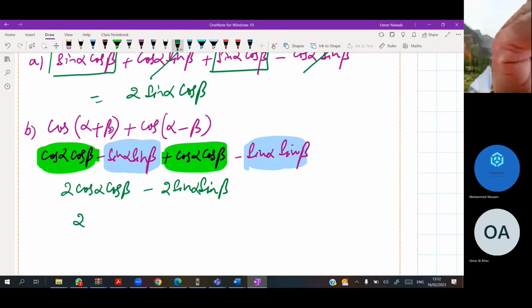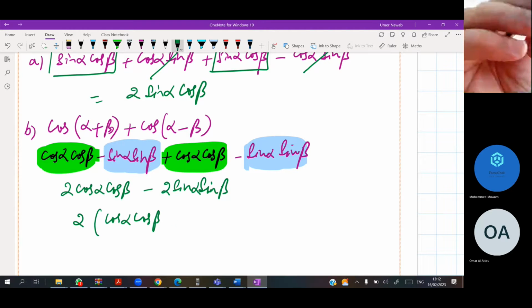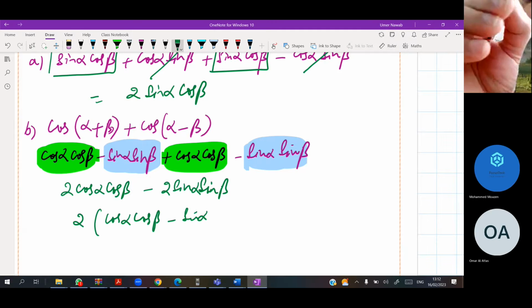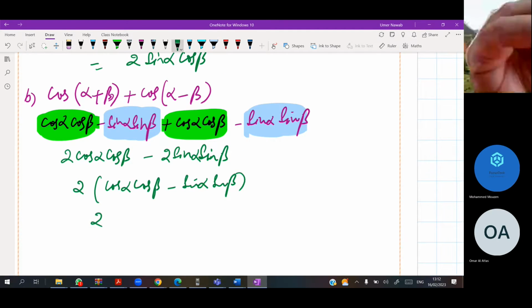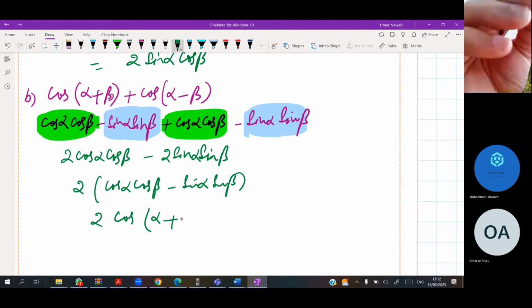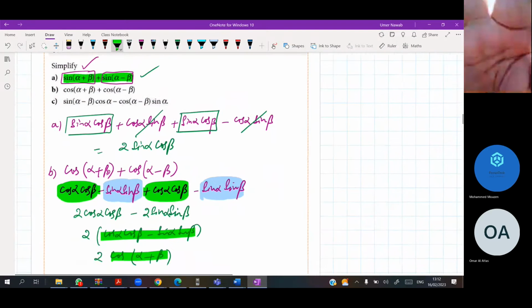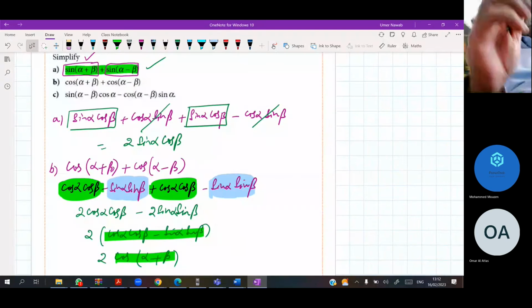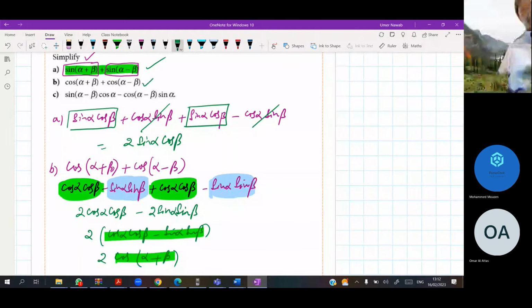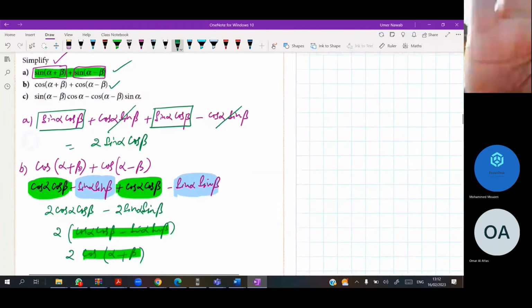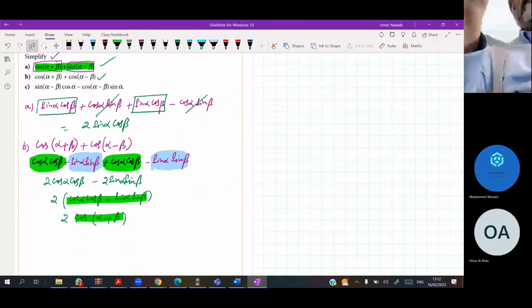I need to take 2 common from them: cosine alpha cosine beta minus sine alpha sine beta. And that equals cosine of alpha plus beta, by using the compound angle identity. So 2 parts are done by me, and then the examiner has also set a C part for you.